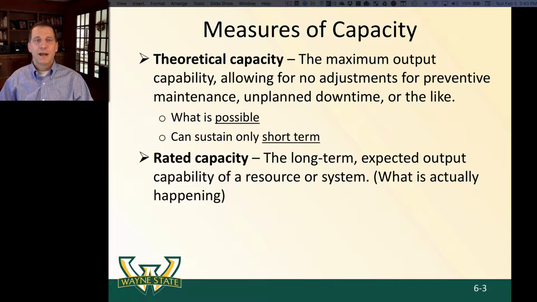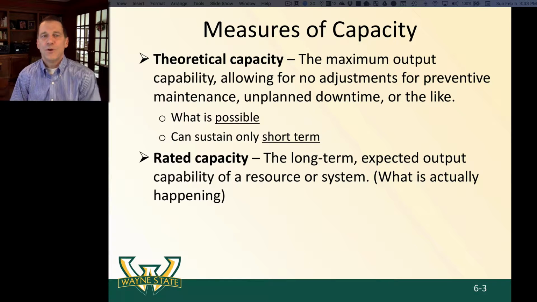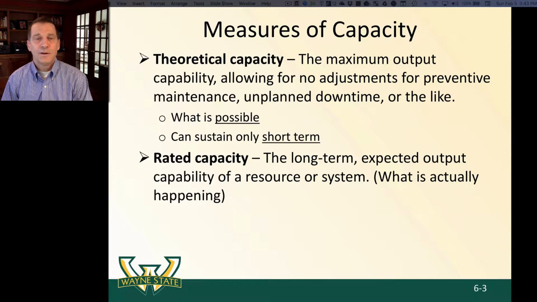So theoretical capacity is the maximum output capability, allowing for no adjustments for preventative maintenance, unplanned downtime, work breaks, sick leave, whatever you want to call it, all the reasons that systems and people don't work at 100% all the time. So theoretical capacity is what's possible in the short term. We can do it. We can't sustain it in the long haul.